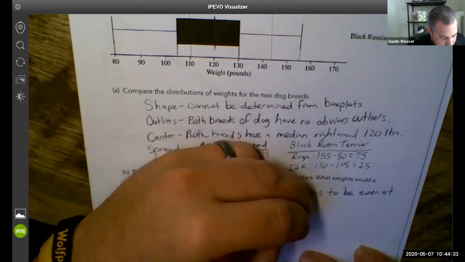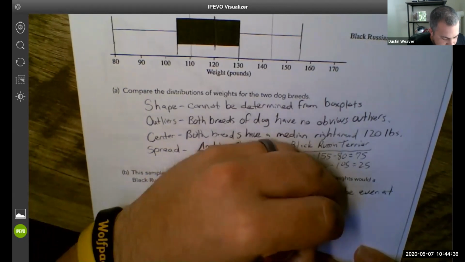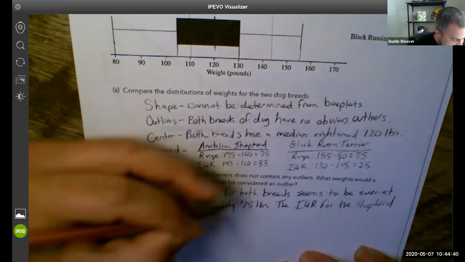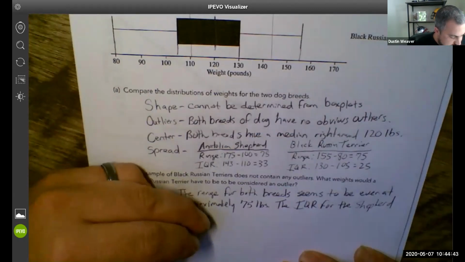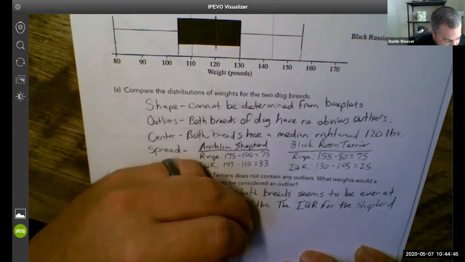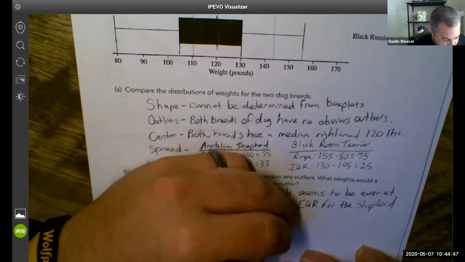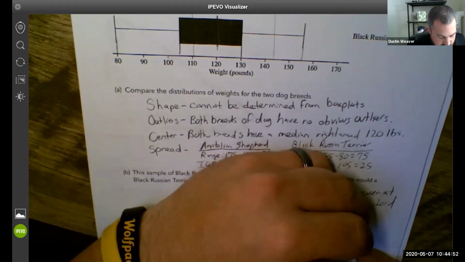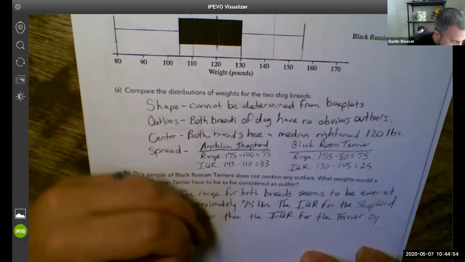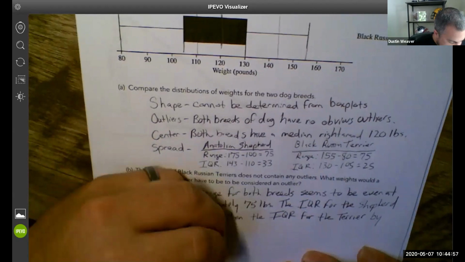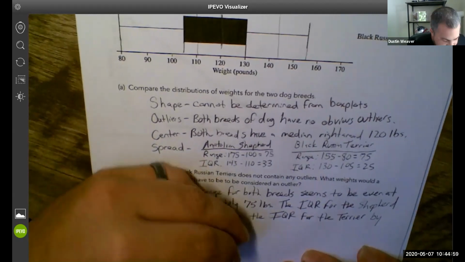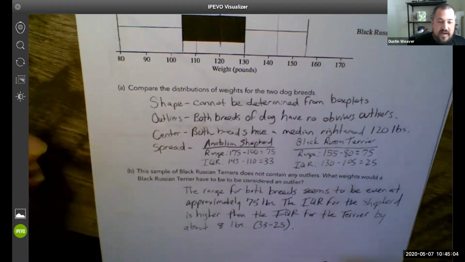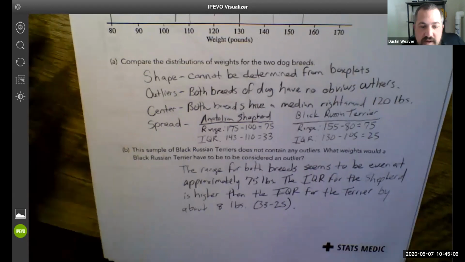The IQR for the Shepherd is higher than the IQR for the Terrier by about 8 pounds. And we would say 33 minus 25. So now I've talked about both for the spread.